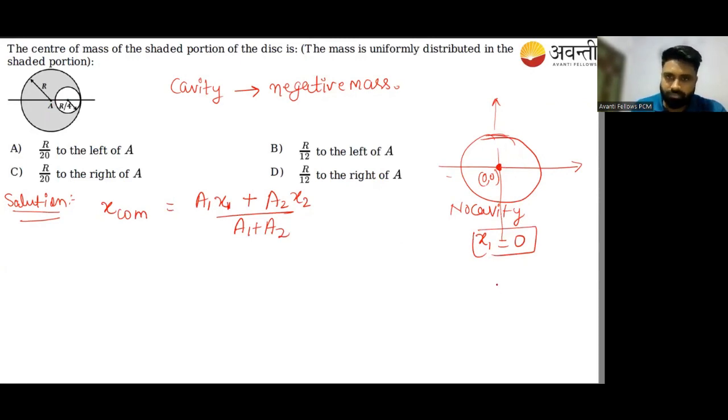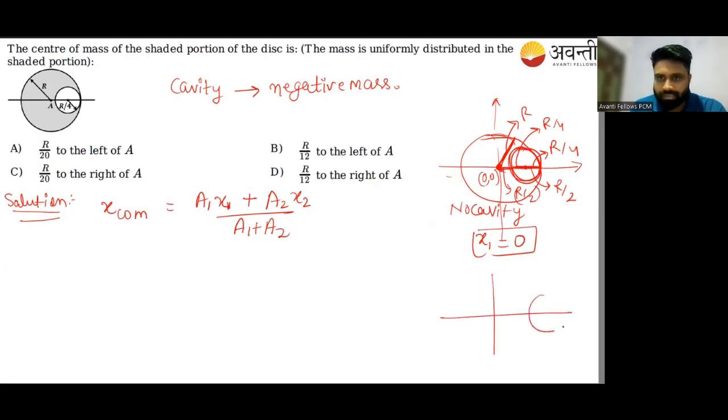Now, there is a cavity present here, and this cavity has a radius of r by 4. So this distance is also r by 4. So the diameter of the cavity will be r by 2, and this total distance is r, so this remaining distance is r by 2. Now the center of mass of this cavity from the origin will be, look in this figure and you will understand, this distance is r by 2.